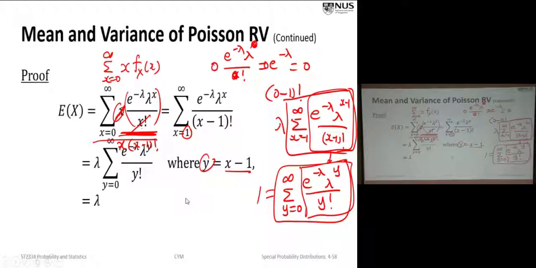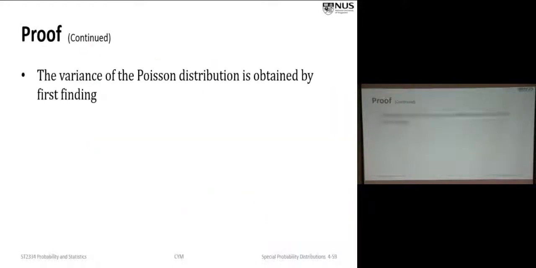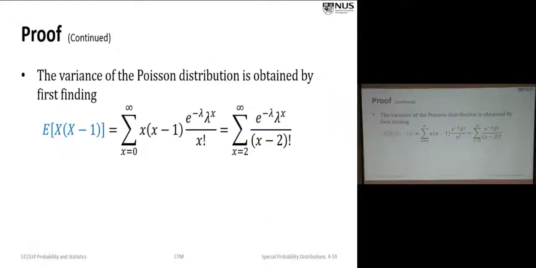All right. So then how about the variance of x? We apply the same trick, but instead of working on the expectation of x squared, we work on the expectation of x times x minus 1. Now why do I have to do that? Why don't I try to get the expectation of x squared directly, but instead work with x times x minus 1?